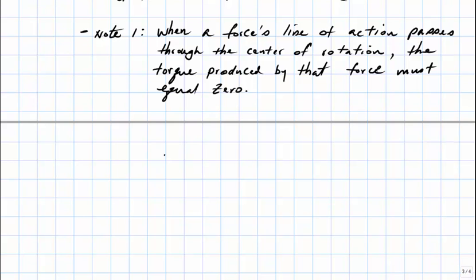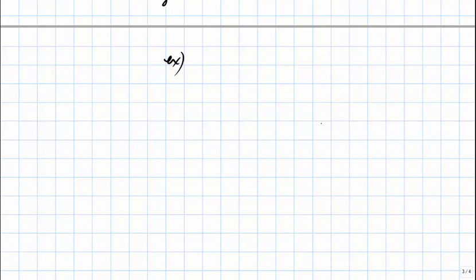For example, if we consider the application of a force onto the screen of a laptop computer, there's our laptop computer, there's a hinge located right here, and if we applied a force onto the screen like this, that force is incapable of rotating the screen, and that's because the force's line of action passes through the center of rotation.